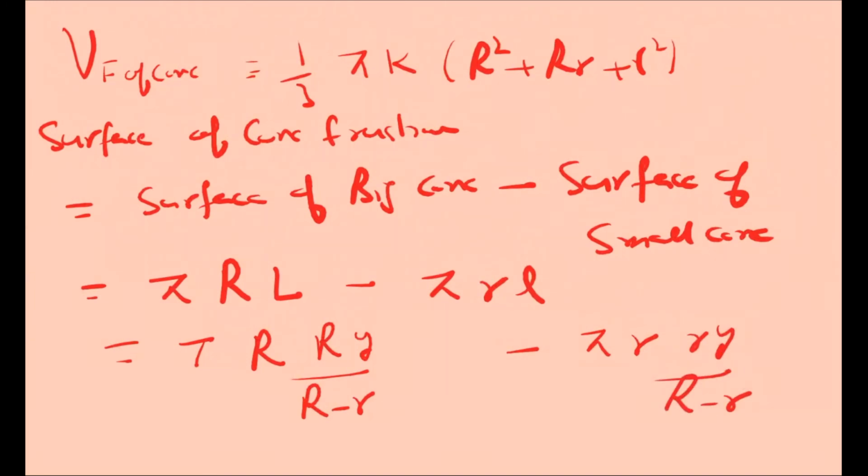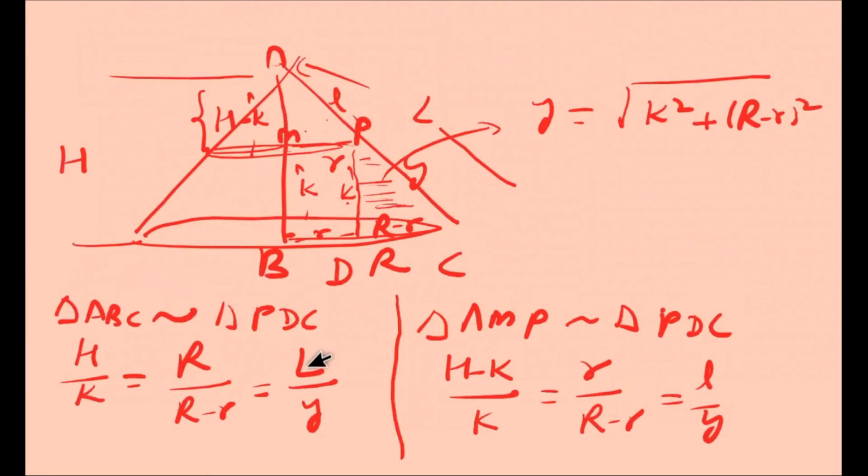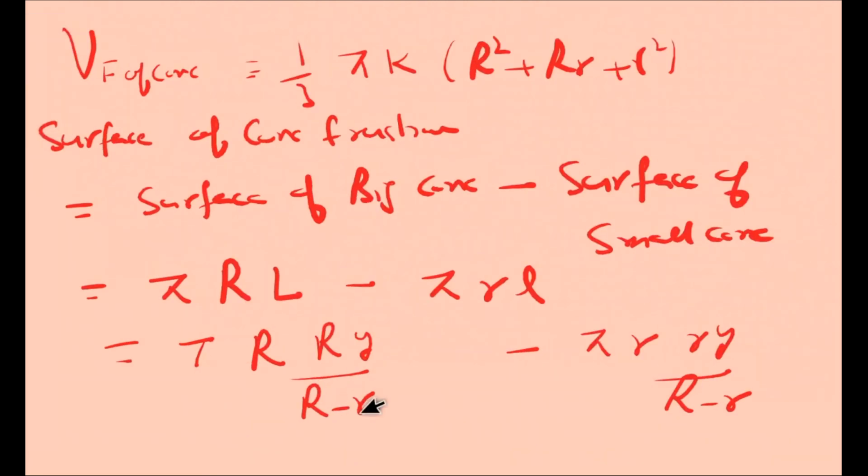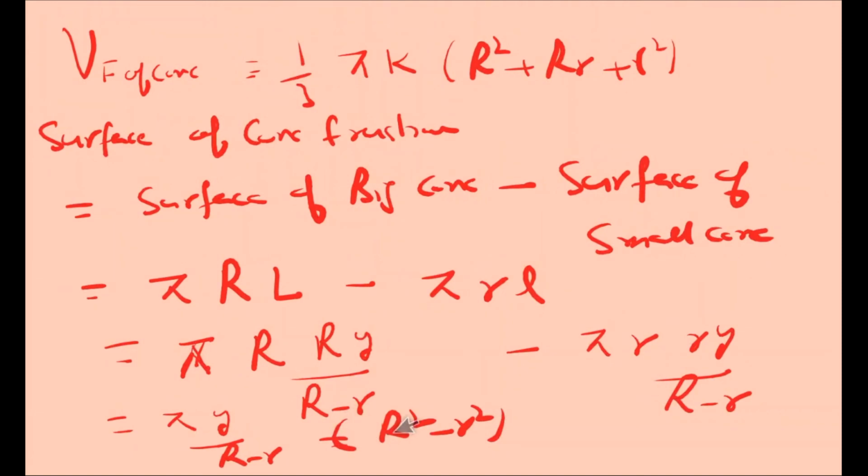Now you can see this value from here: capital L equal to Ry upon R minus r, small l equal to ry upon R minus r. Okay, so we go through again. Now we can take the common pi y upon R minus r. We can find here R square minus r square. Now factorize this, we can find the value of pi into y into R plus r.